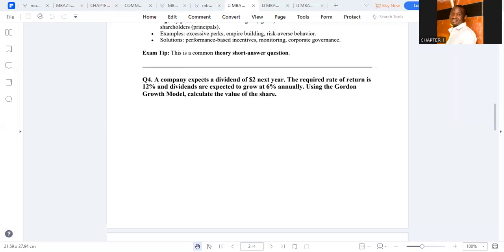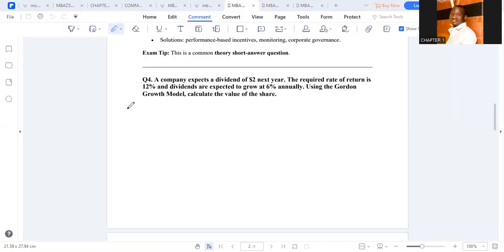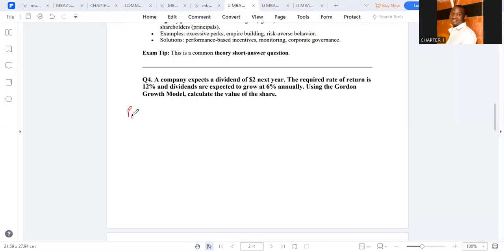So there's what we call Gordon's model. Gordon's model is given by the price P0. Who remembers the formula? P0 is equal to what? D1 over R minus G, where D1 is the dividend in year one.